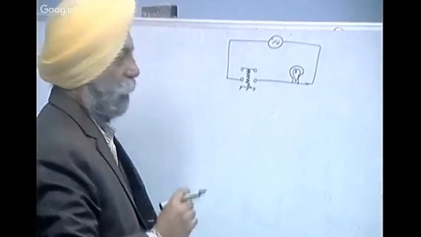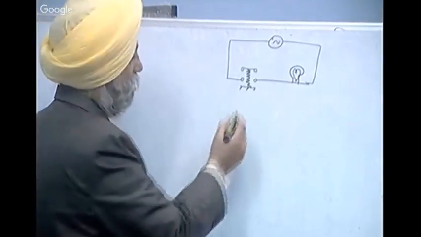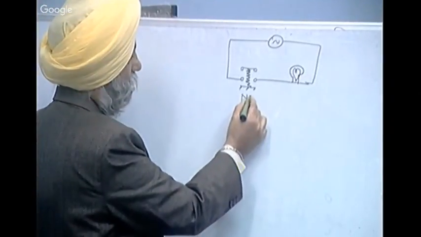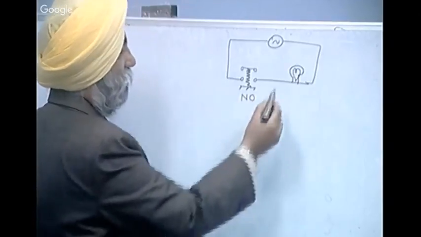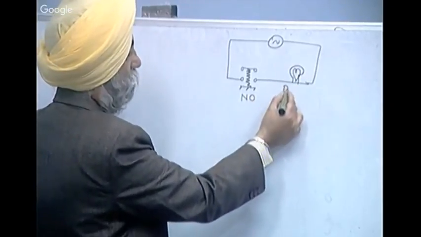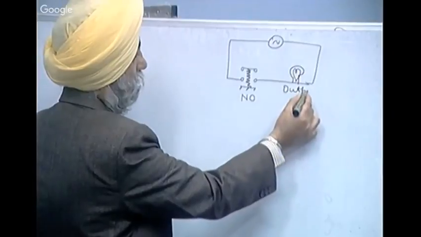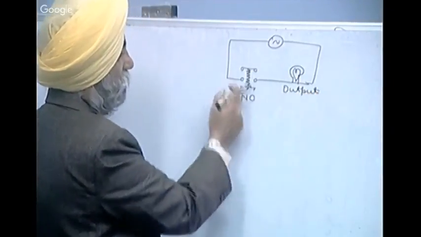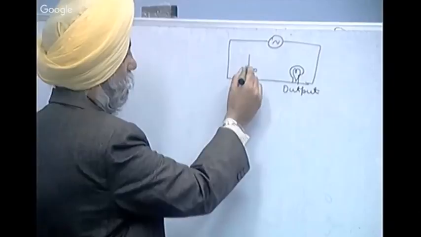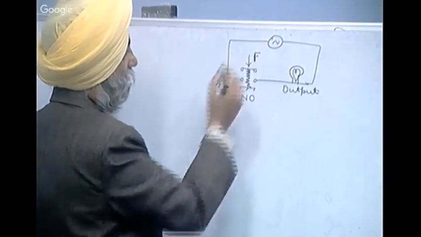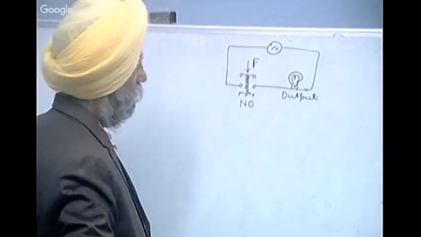So this is a normally open switch. This is the output and this is the input. If we give some input to it, say a mechanical force, then the switch will close.